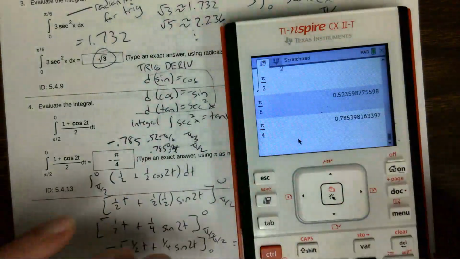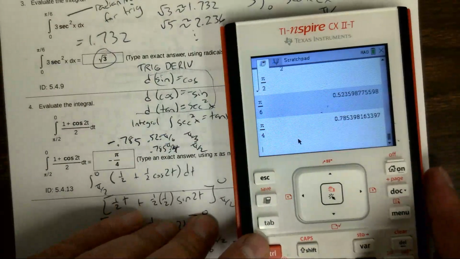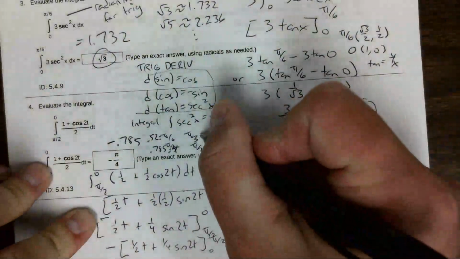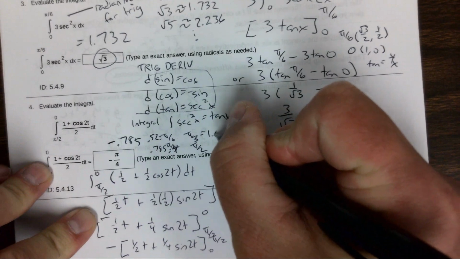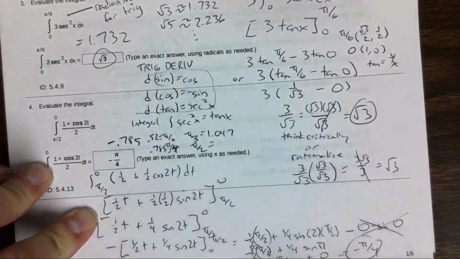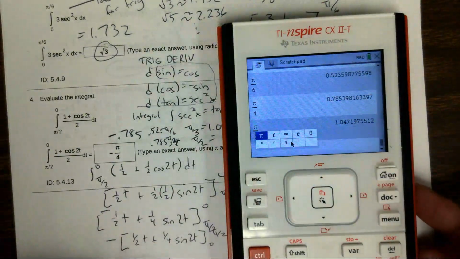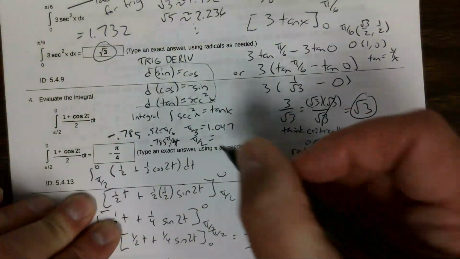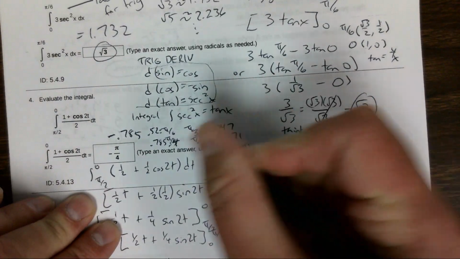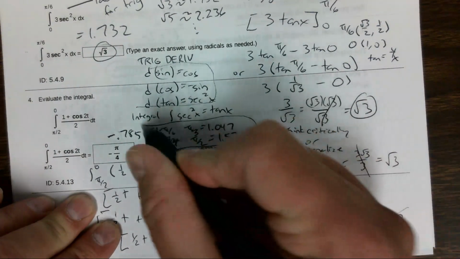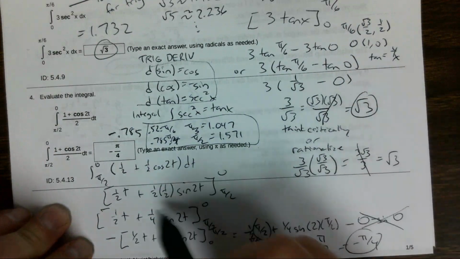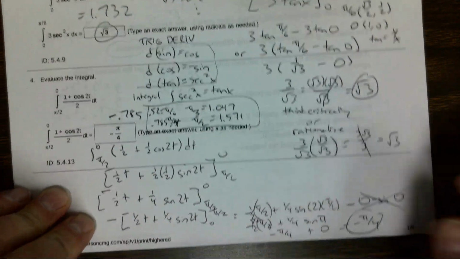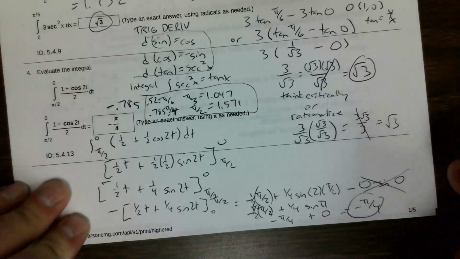Pi thirds is 1.047, and pi halves is 1.571. So those may be handy for you, and then you just convert it with a negative sign. So that's how you do that.